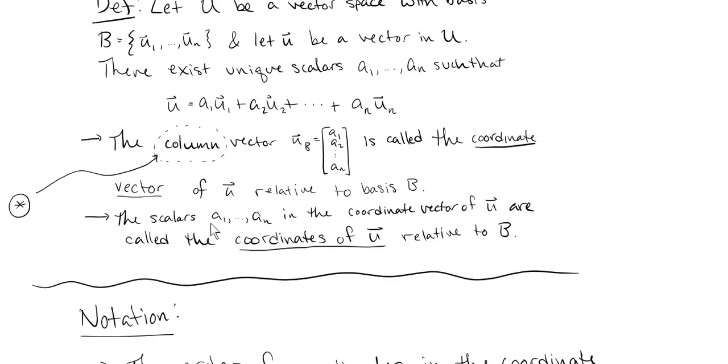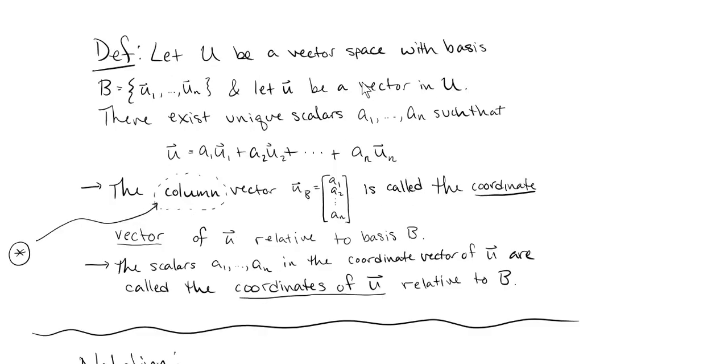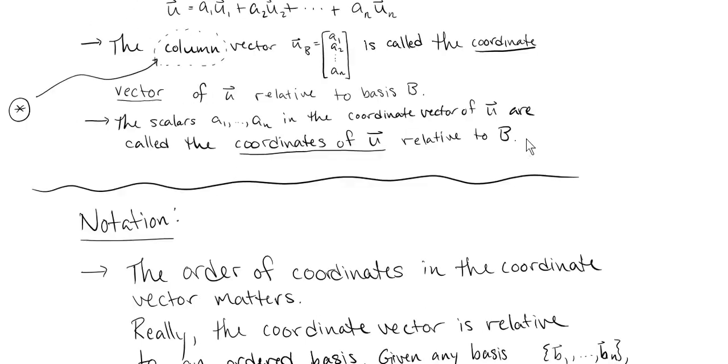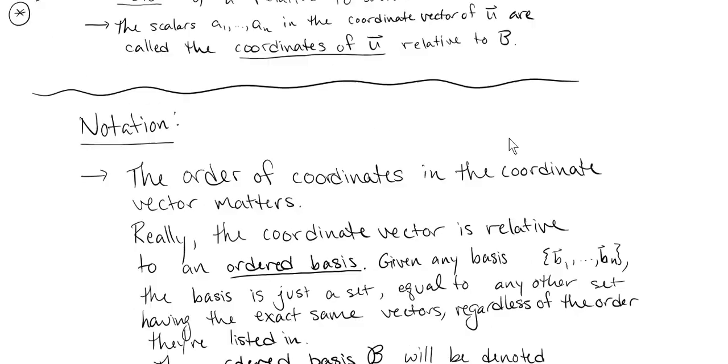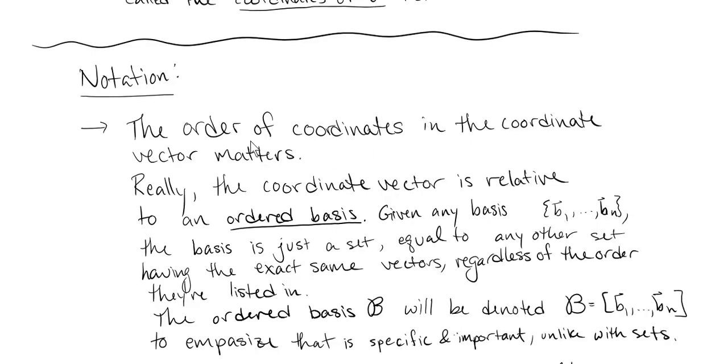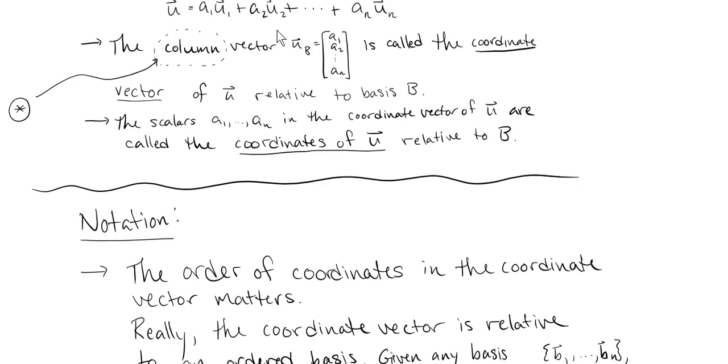So now on to a note about this definition. I mentioned we're going to modify how we talk about these things a little bit. This is your book's definition we've just run through. But let's talk about notation and concepts a little bit more here. If we do have one of these coordinate vectors, the order we write these coordinates in actually does matter a great deal, right?